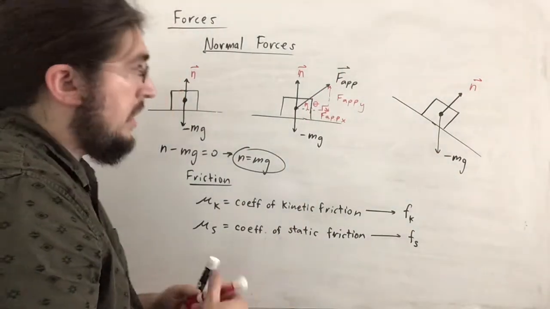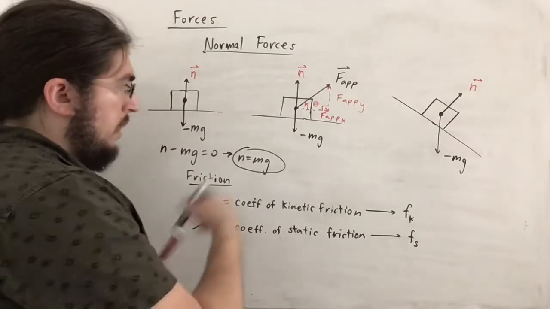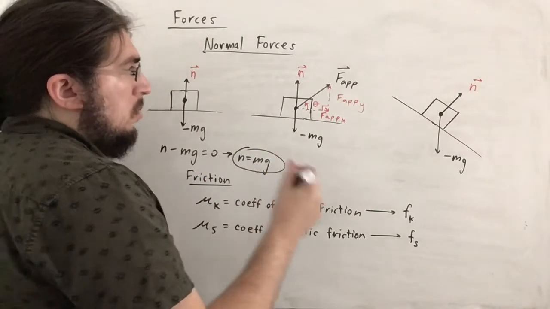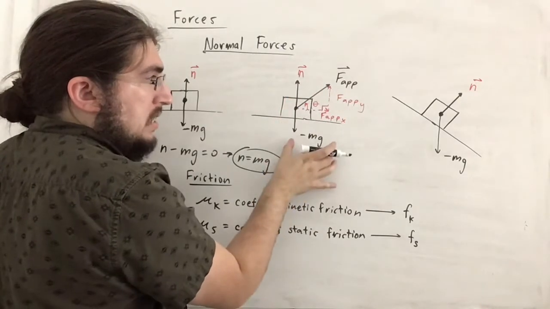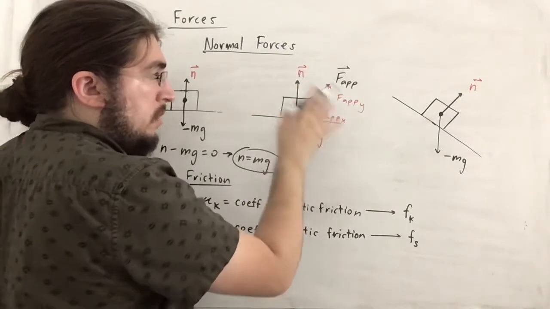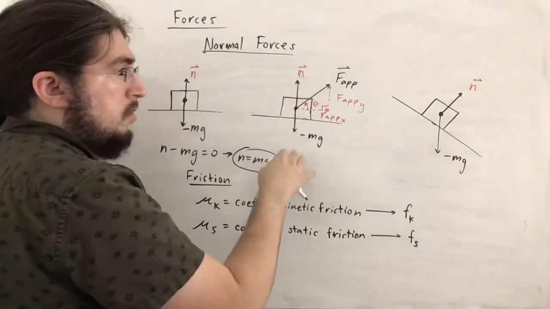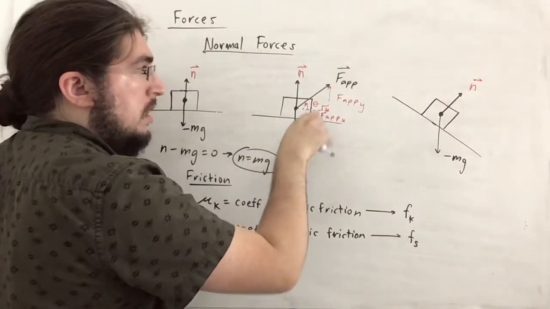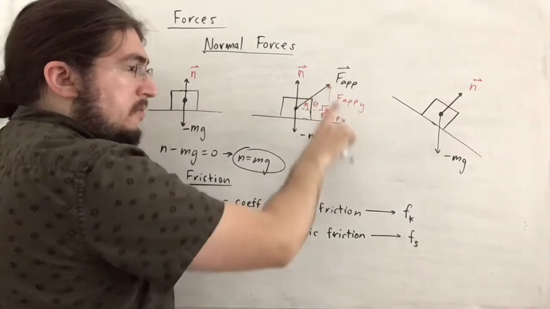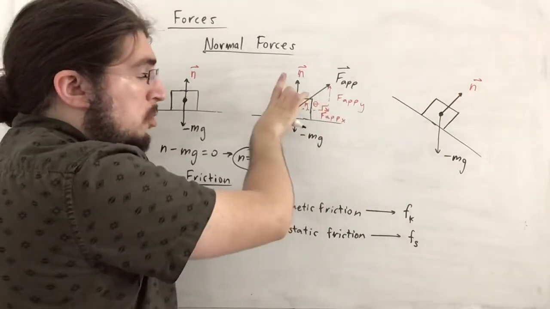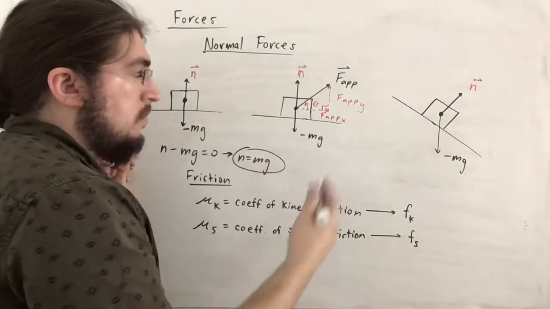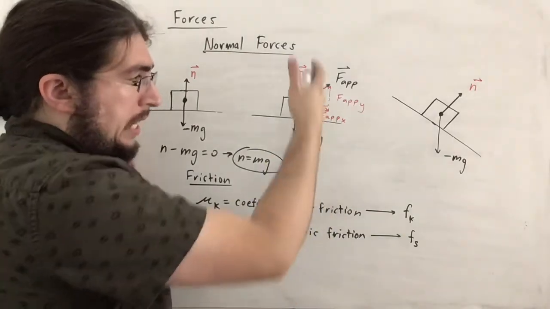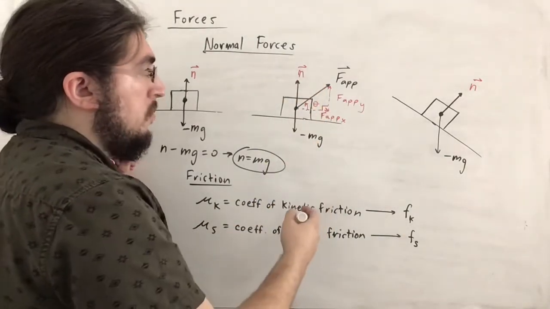So what we end up getting here is something similar to what we get here. Basically, the sum of these two vertical forces minus this force gives you a 0 net force because there is no vertical motion, only horizontal. So from the applied force, we're only taking the vertical component, adding it to our normal force, subtracting the gravity force, and we end up getting 0 as a result because there's no vertical movement at all.